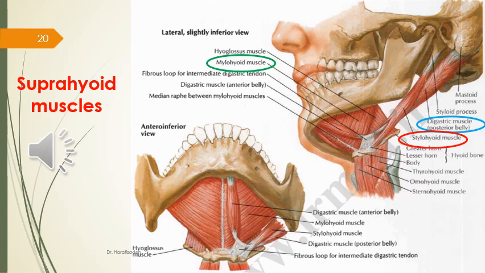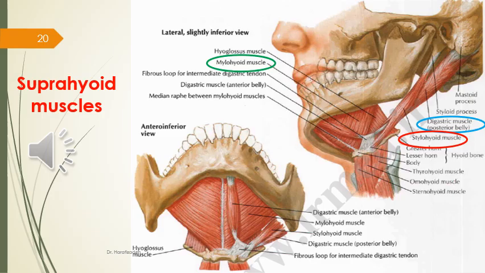The first muscle is the digastric, which is clearly visible in the image. You can see it with a blue circle in the picture. As I said, this muscle has two bellies, the posterior belly and anterior belly.